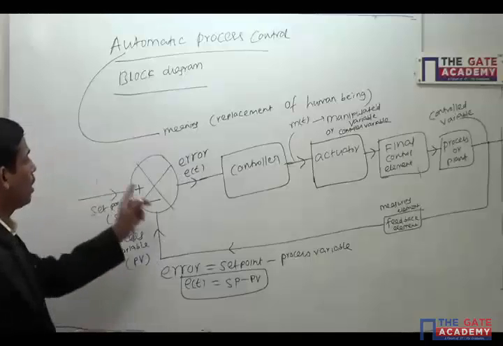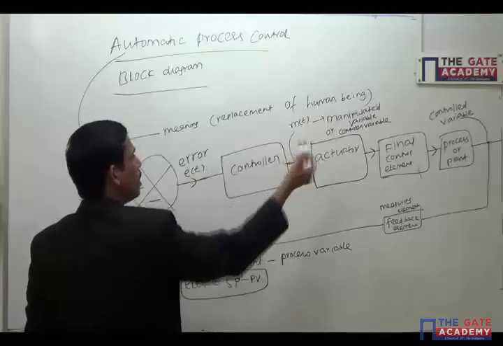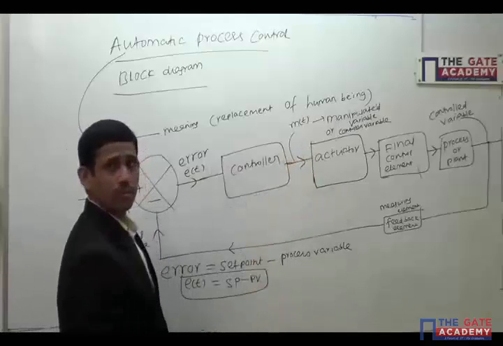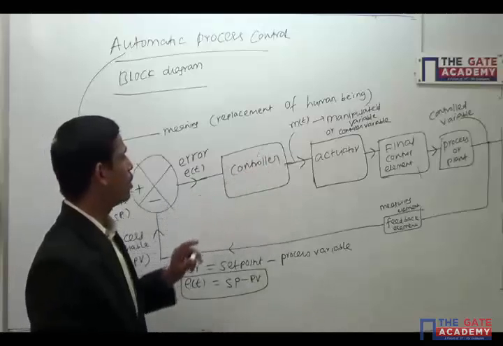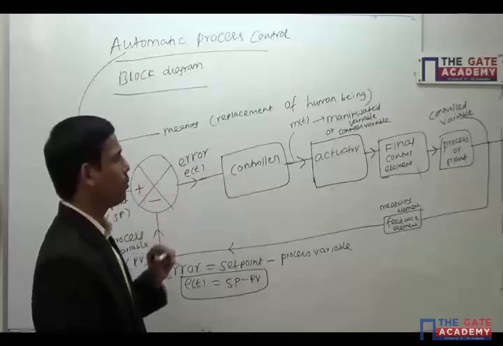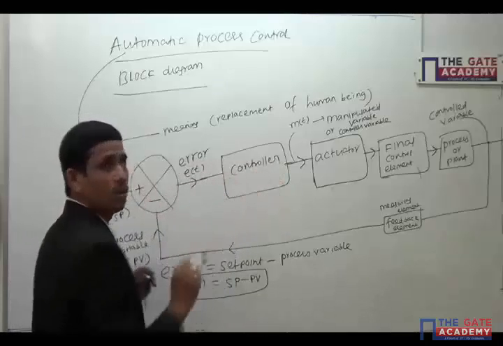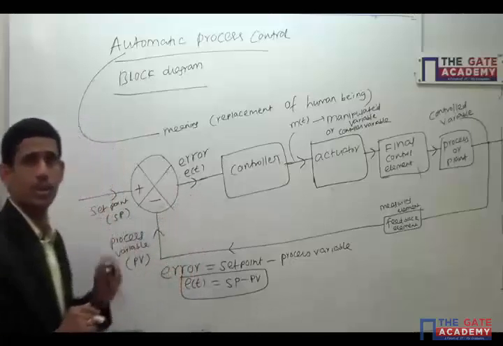Now, our whole process control deals with this: the input for the controller is error, and the output we are getting is a manipulated variable. That gives the input to the actuator, the output goes to the final control element, that goes to the process, again feedback, like this it will work. So this is a very fundamental diagram for process control.